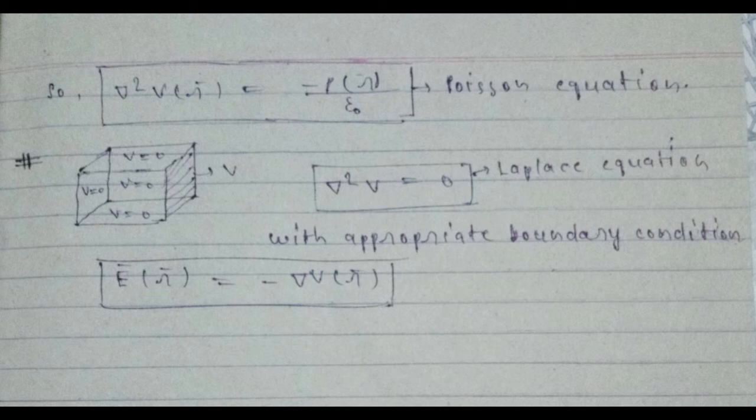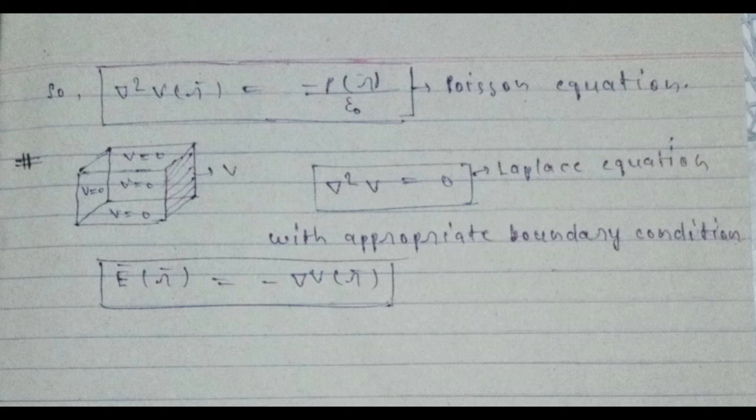So, if I am given some charge density inside a box or some other closed volume, I solve this equation with the boundary condition, and that gives me the answer for V. On the other hand, I may have a situation, for example, if I take this box, put this surface at some potential V, and put all the other surfaces at 0 potential. I will still have electric field inside, because electric field will be coming out of this surface. What is the potential inside?